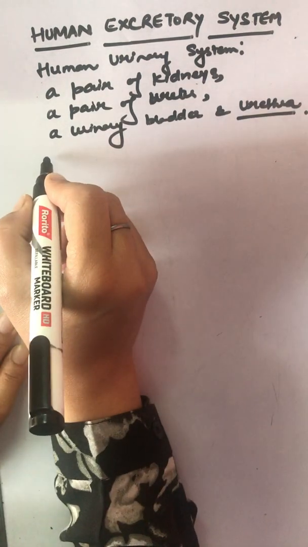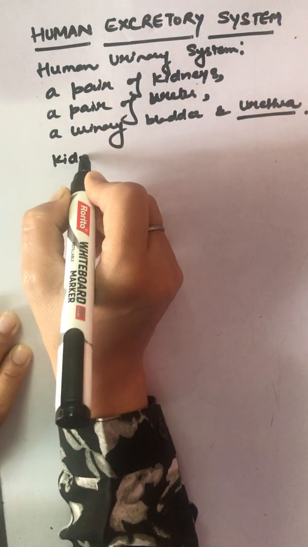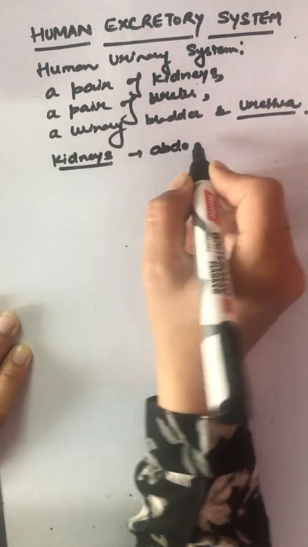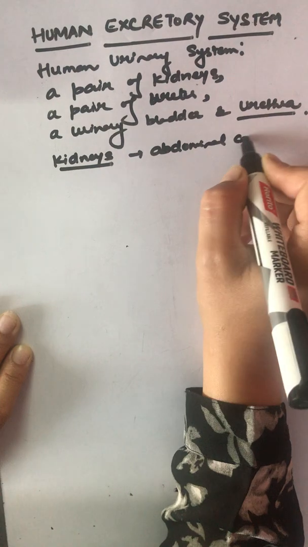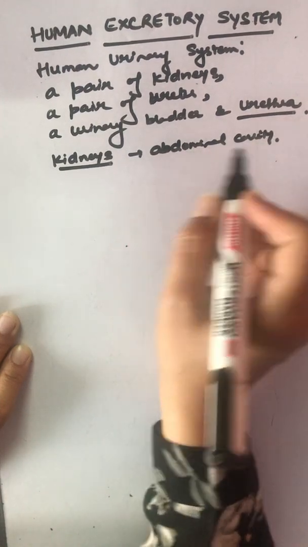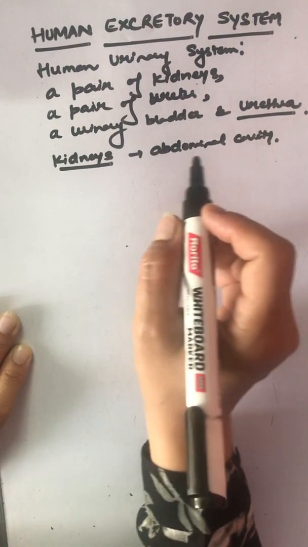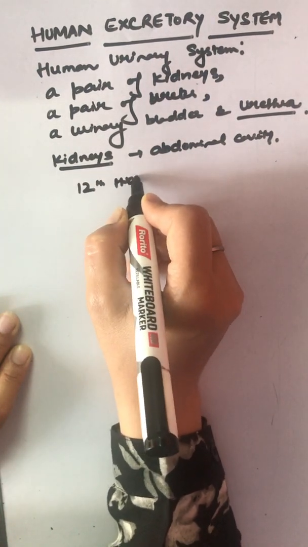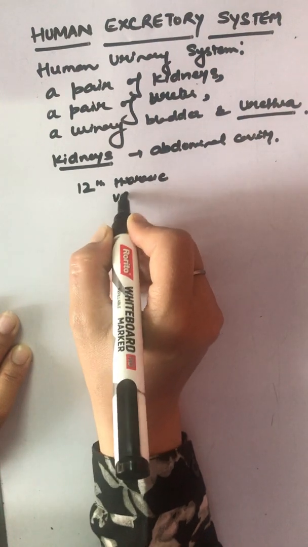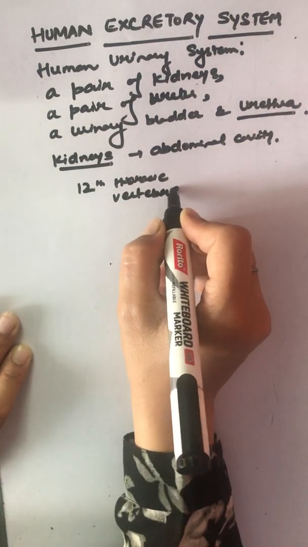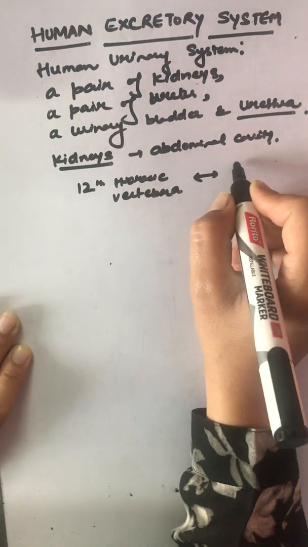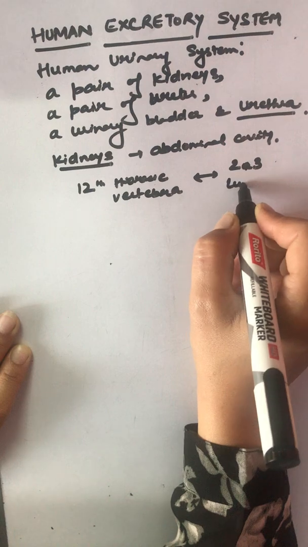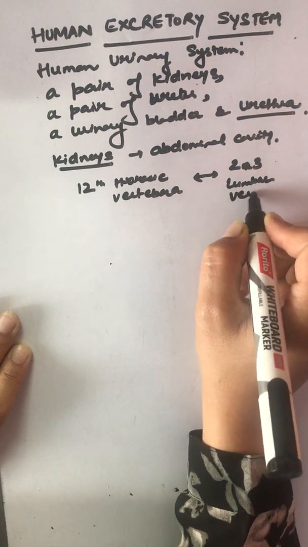Now, where are the kidneys located? Kidneys are always located in the abdominal cavity, one on either side of the vertebral column, at the level between the 12th thoracic vertebra and the second or third lumbar vertebra.